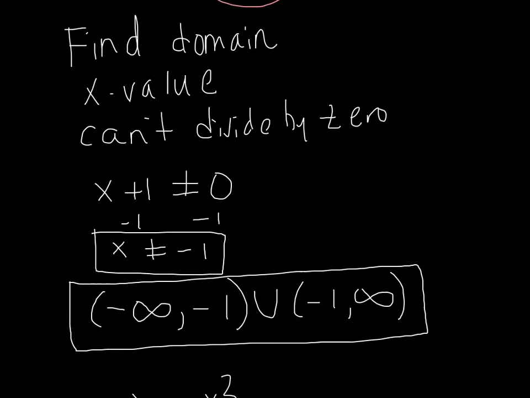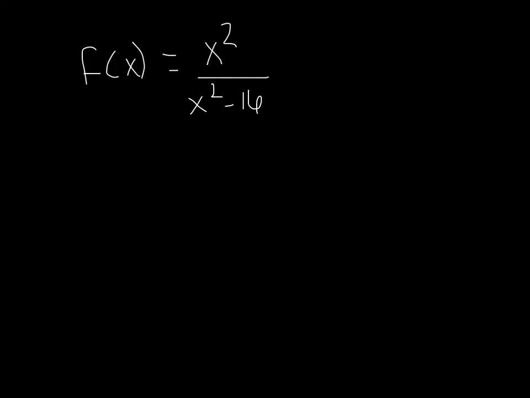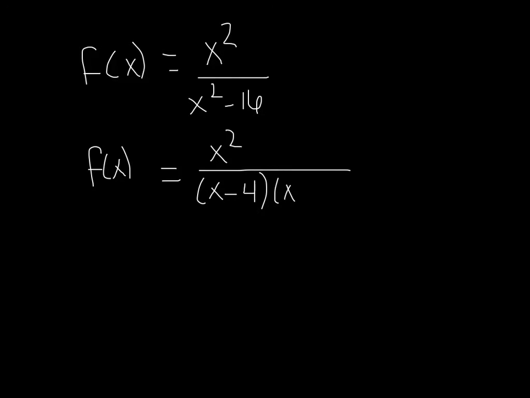We'll factor the denominator. And what we get is f of x is equal to x squared over x minus 4, x plus 4. That's because the difference of squares factors.